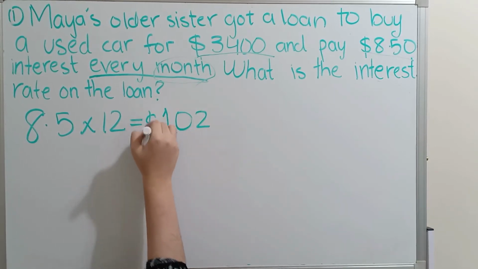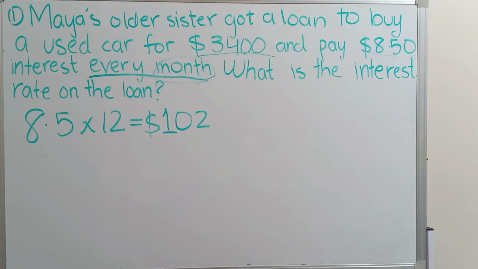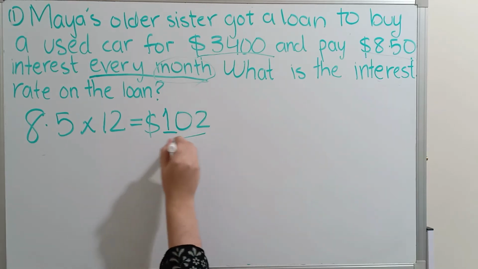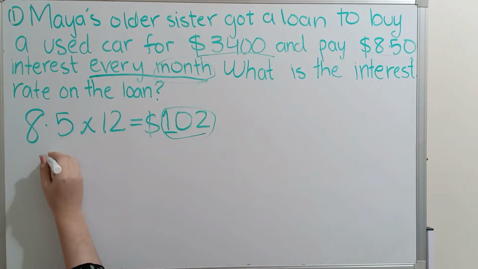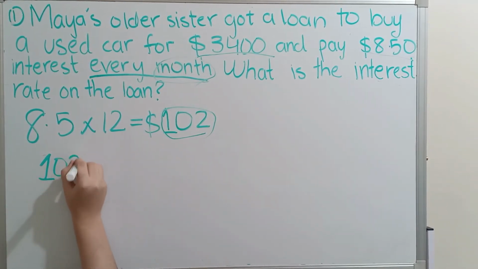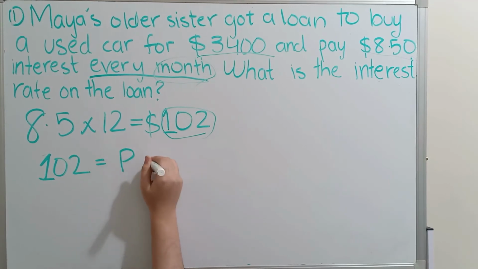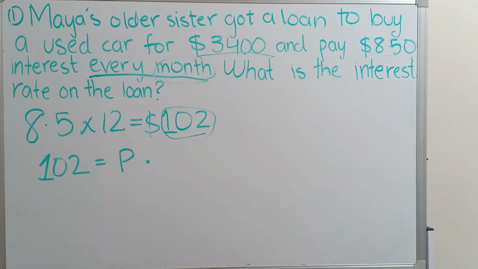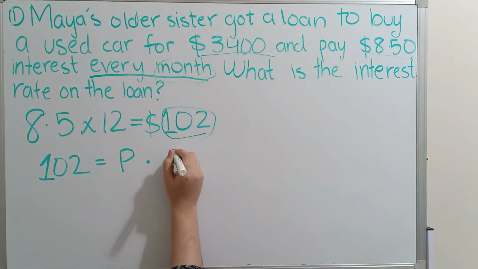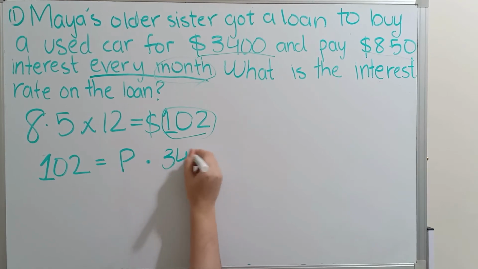Now after doing this, we're going to use the formula that we just did before, which was S equals interest rate times loan amount. The S was the interest amount, which we just figured out for 1 year is 102, and that equals, now we don't know the interest rate, we're trying to find that, so we're going to just put a P here, times the loan amount, meaning the principal, the total amount that we're given in the problem, which is $3,400.